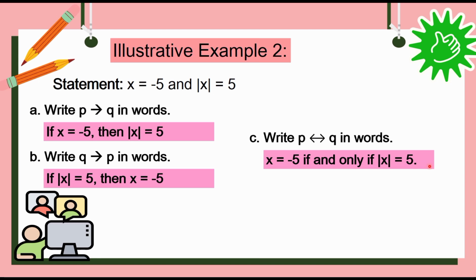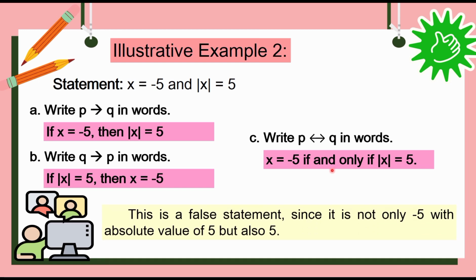Okay, now let us assess if our statements are true. In this case, let us have the assessment of our statements. This is a false statement. Why? Since it is not only negative 5 with absolute value of 5 but also 5.